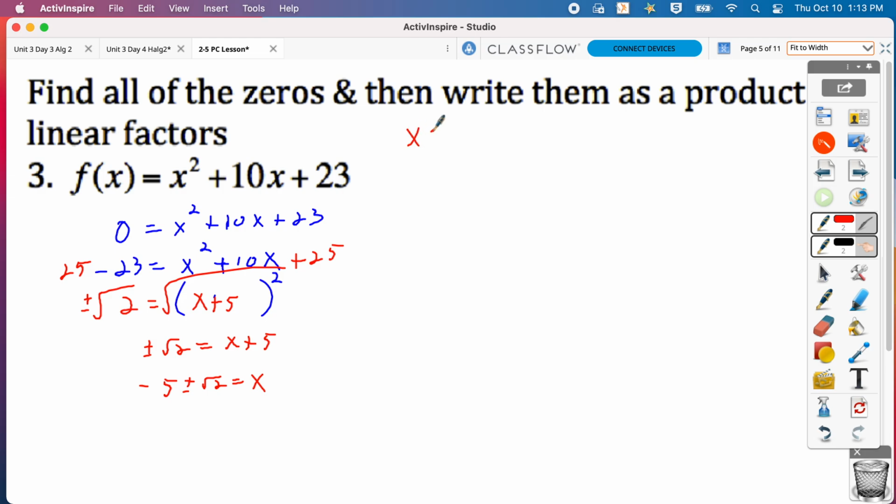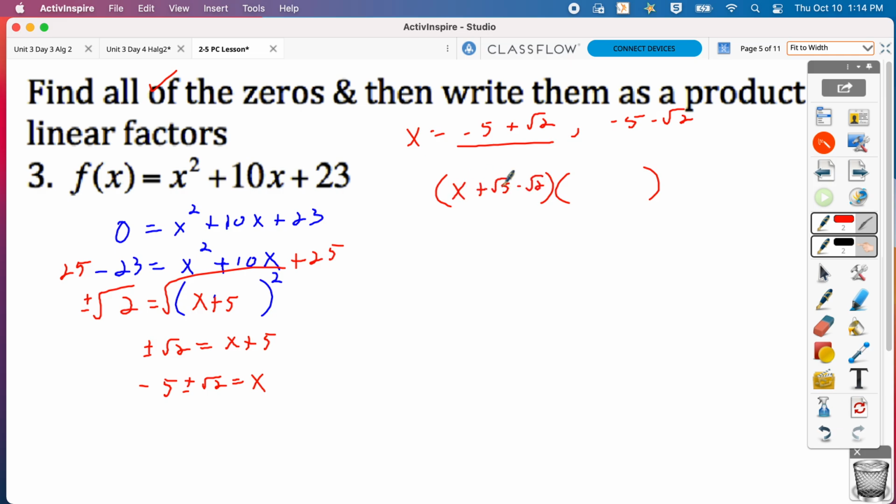So my answers are going to be -5 plus the square root of 2 and -5 minus the square root of 2. Those are my 2 answers. Quadratic formula would get you to the same place. So we found the zeros. Now as linear factors, we all know that if I have a solution and want to write the factor, we do the opposite. So if I have x equals -5 plus the square root of 2, I'm going to go x plus 5 minus the square root of 2.